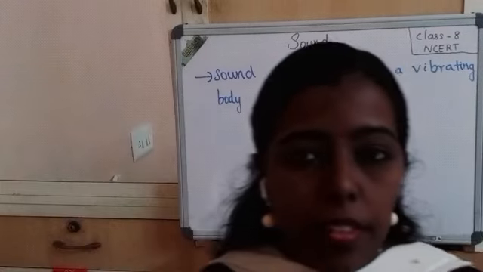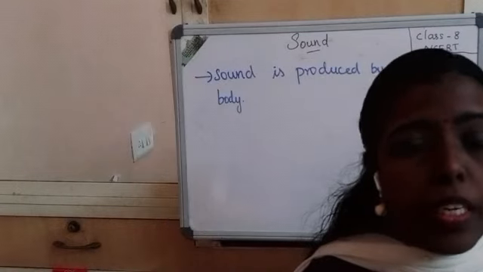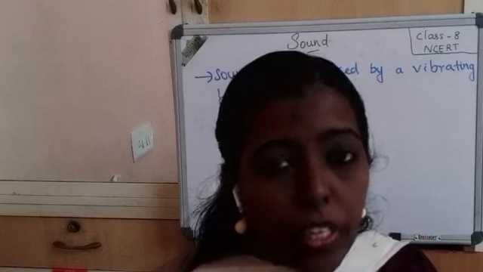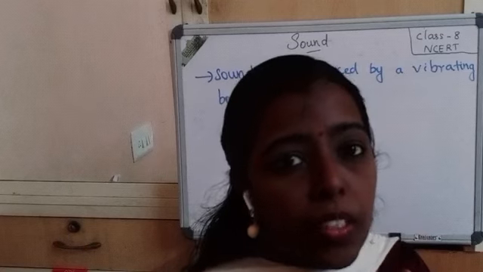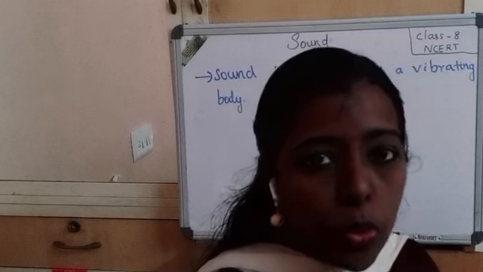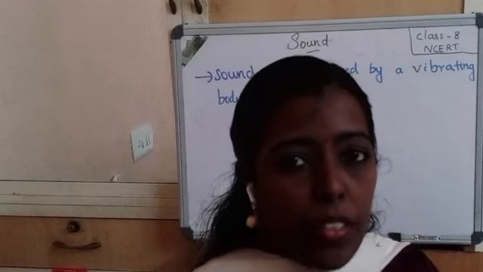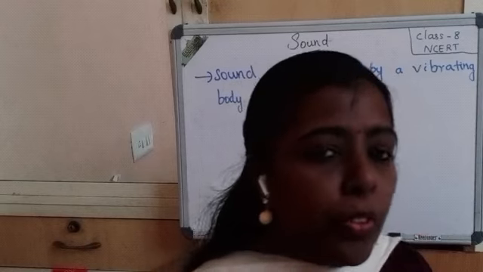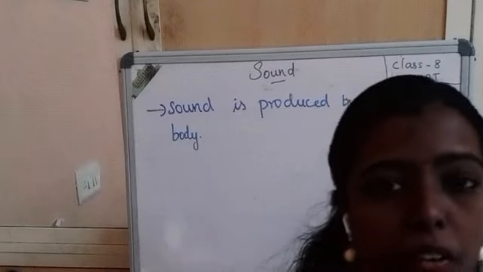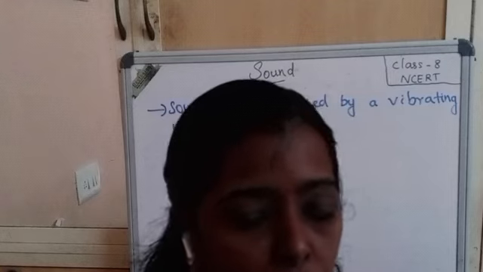In some cases this vibration can be visible, but mostly vibrations are invisible. When I am speaking, my vocal cords vibrate and my sound travels through air and reaches the audience of my YouTube. So most of the time we cannot see the vibrations, but they can be felt.